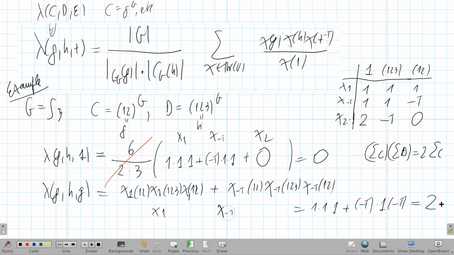And let's calculate the last coefficient. Once more, we will have only the contribution of chi1 and chi-1, because for chi2, as we said, the value on h will be 0. So what we have here, G is 1, 2, and H is 1, 2, 3.